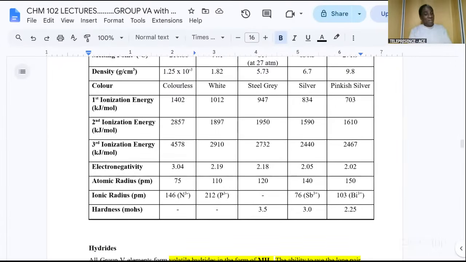Now, look at the first ionization energy, second ionization energy, third ionization energy. You will see that as electrons are being lost, the ionization energy is doing what? Is increasing.